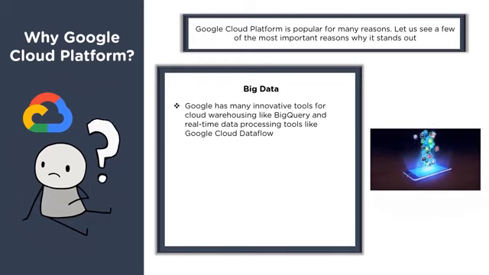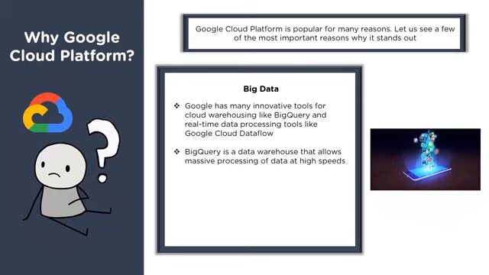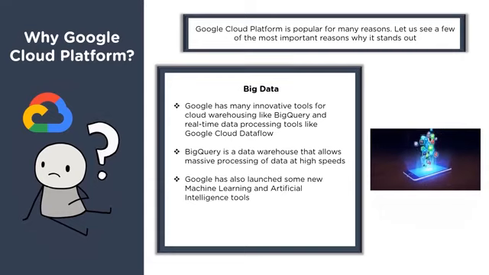So if an organization is working on big data, Google Cloud can be a better choice because Google has many innovative tools for cloud warehousing, such as BigQuery, and even real-time data processing tools such as Dataflow. BigQuery is a data warehouse that allows massive processing of data at high speeds, basically working on your structured data. Google also has launched some new machine learning and artificial intelligence tools.